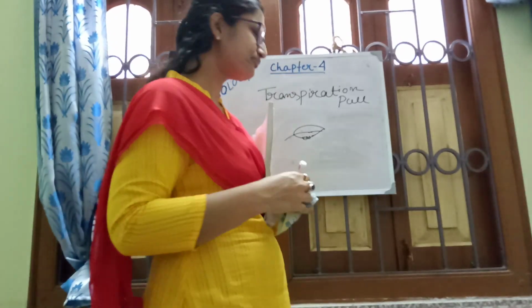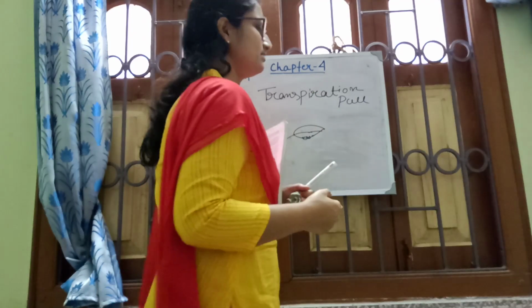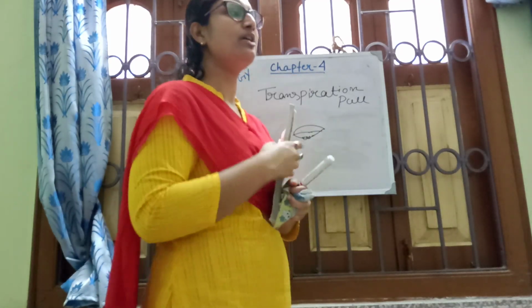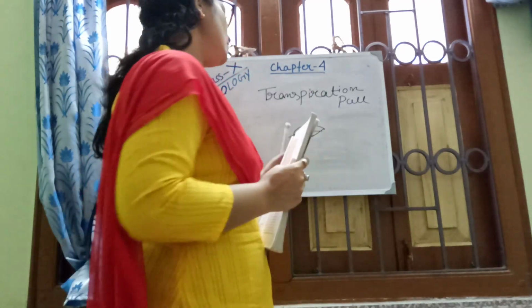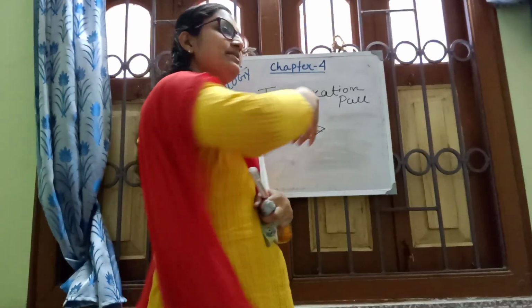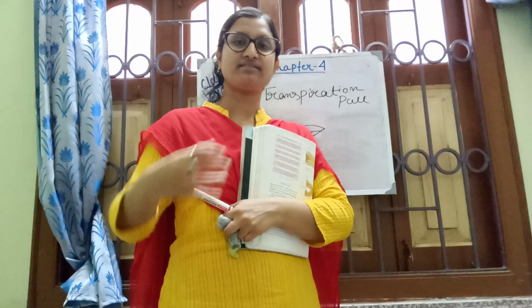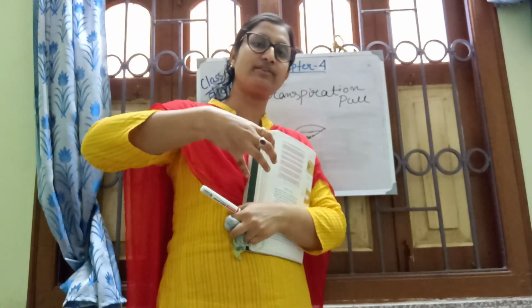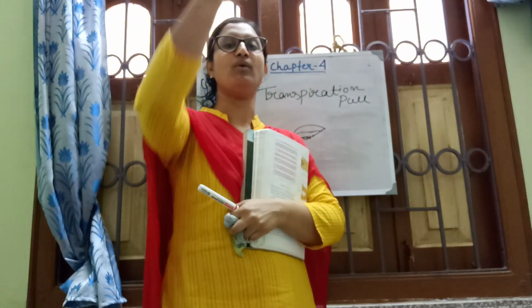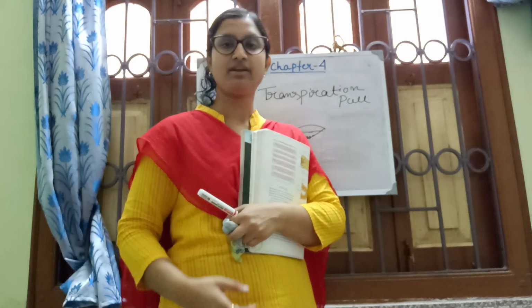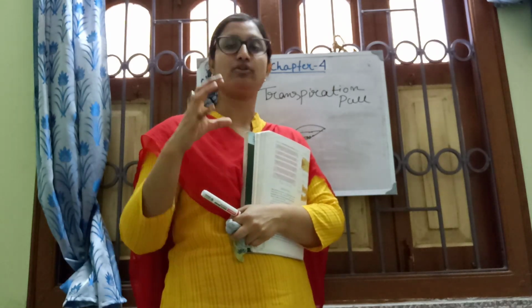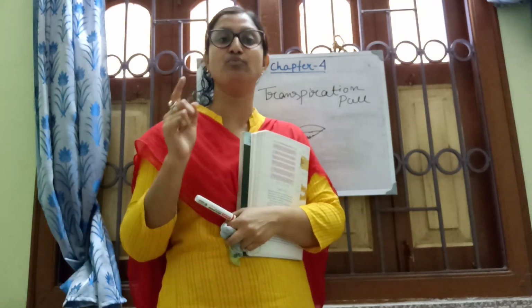It continuously evaporates water, because the outside temperature is very high. Due to this loss of water, a suction is created in the xylem vessel. For this pressure, the water level rises up. This process is called transpiration pull.